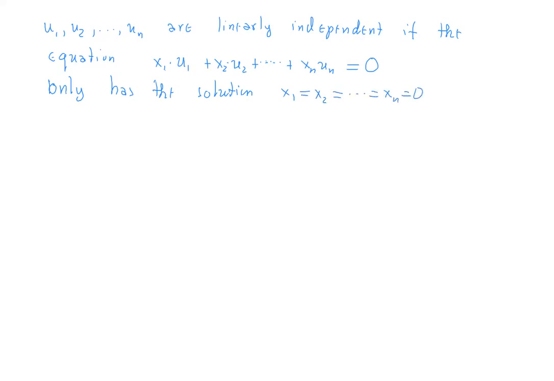So the only linear combination of those vectors that you can make equal to 0 is the obvious one, when you take all the coefficients equal to 0.